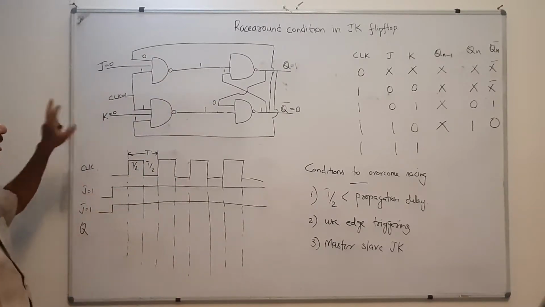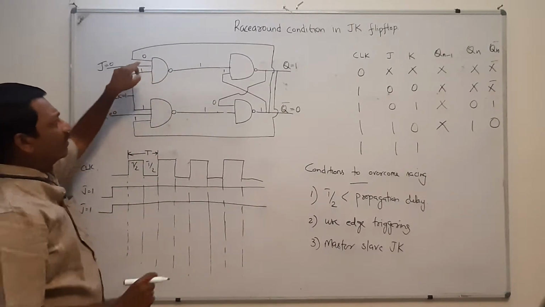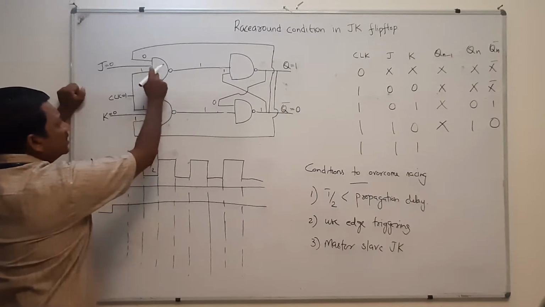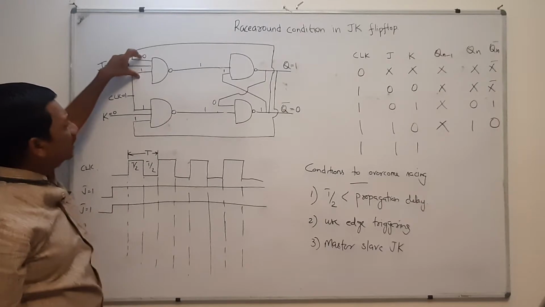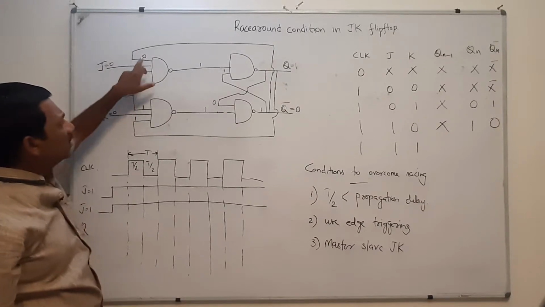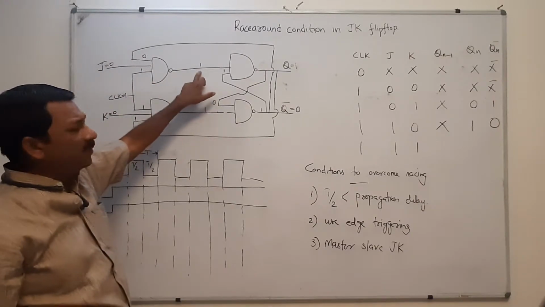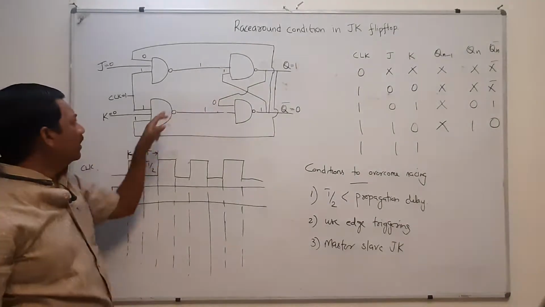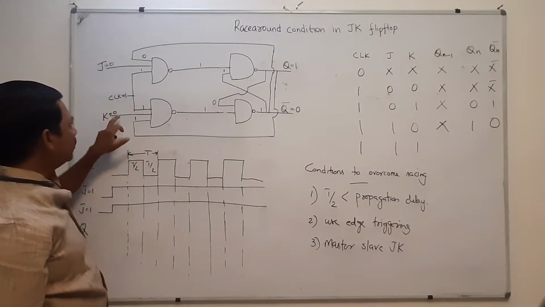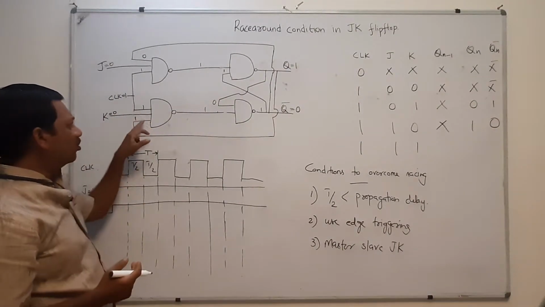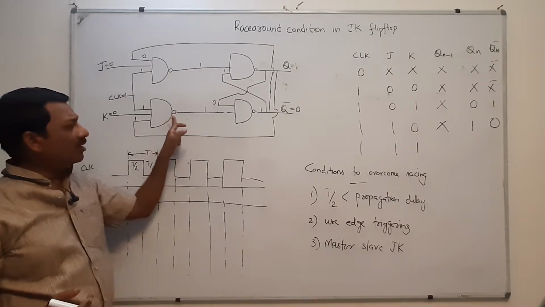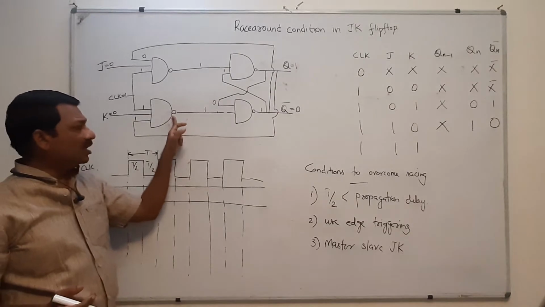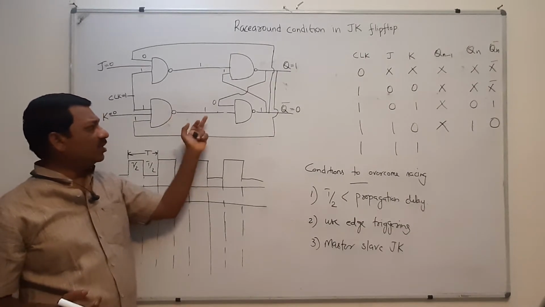Then if the inputs are 1, 0 and 0, the product is 0, and when you take the complement, that will be 1. And here it is 1, 0 and 1, the product is 0, and taking the negation you get 1.